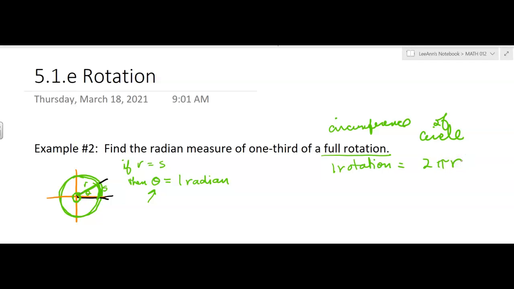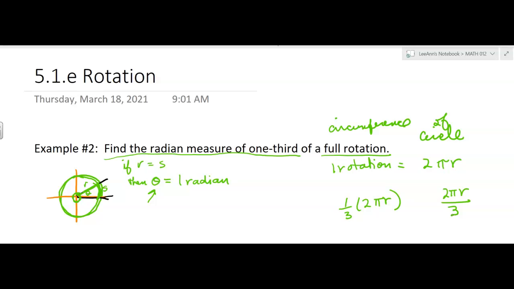But now it says find the radian measure of 1/3 of a full rotation. So 1/3 of that is going to be 1/3 of 2 pi r, which is going to be 2 pi r over 3. Okay?